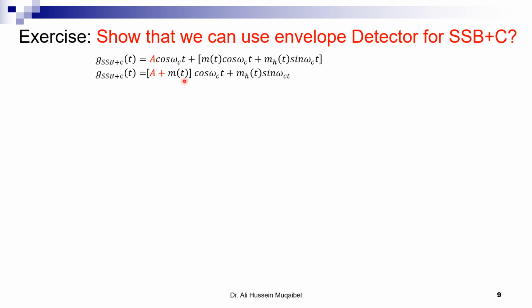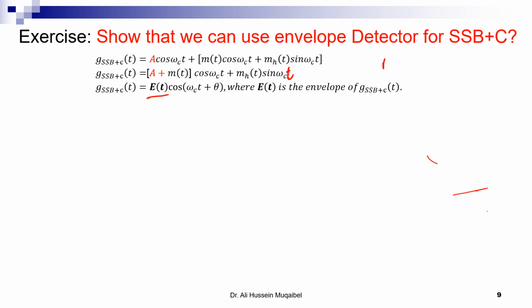Now we have cosine plus sine with the same frequency, but this should be cosine omega_c t; t is not in the subscript. Now we can proceed by trying to write this as envelope times cosine. Remember that cosine and sine of the same angle can be combined together.